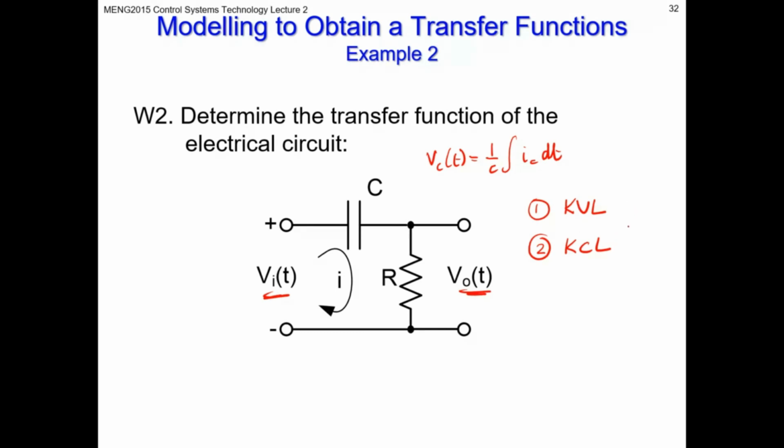Kirchhoff's voltage law says that the sum of voltages around a closed circuit equals 0, and Kirchhoff's current law says that the current flowing through each element in a circuit is the same. You're going to apply these two laws. You can start by writing out Kirchhoff's voltage law for this circuit.